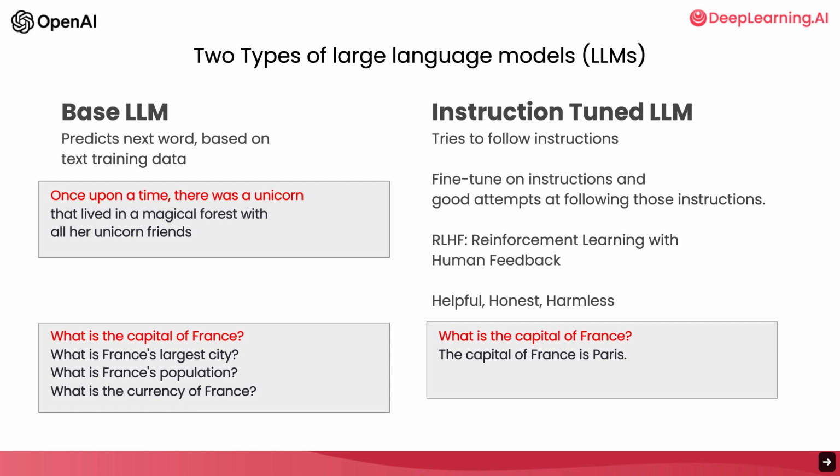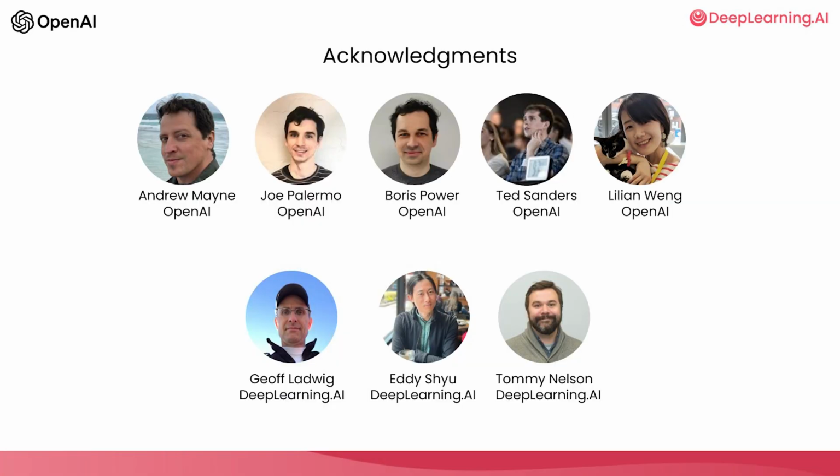So this course will focus on best practices for instruction-tuned LLMs, which is what we recommend you use for most of your applications. Before moving on, I just want to acknowledge the team from OpenAI and DeepLearning.AI that had contributed to the materials that Isa and I will be presenting.